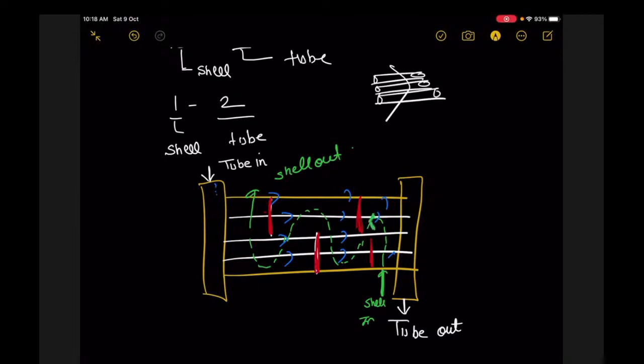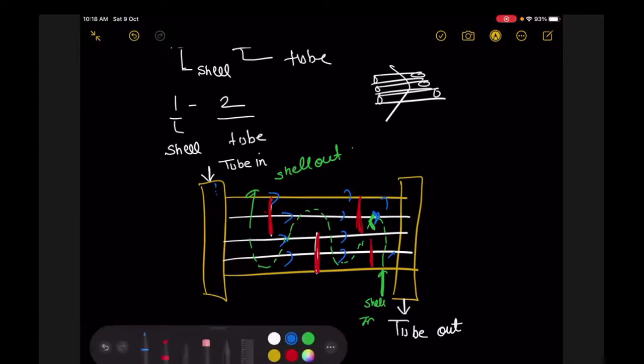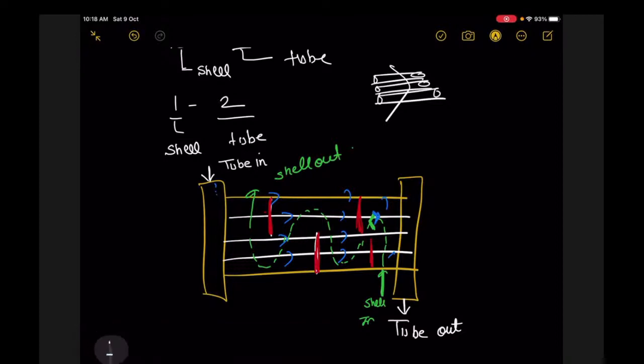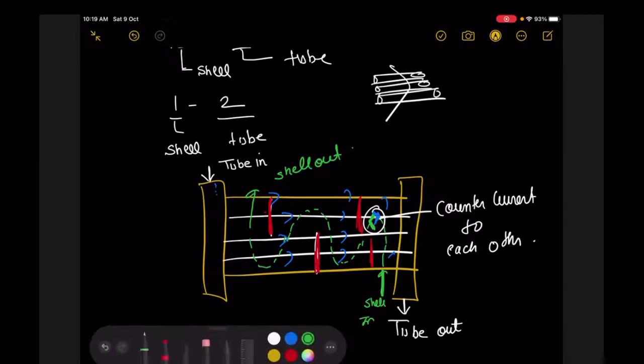it is moving in this direction. And it is moving in this direction. So they are counter current to each other. Okay. You can see anywhere here.